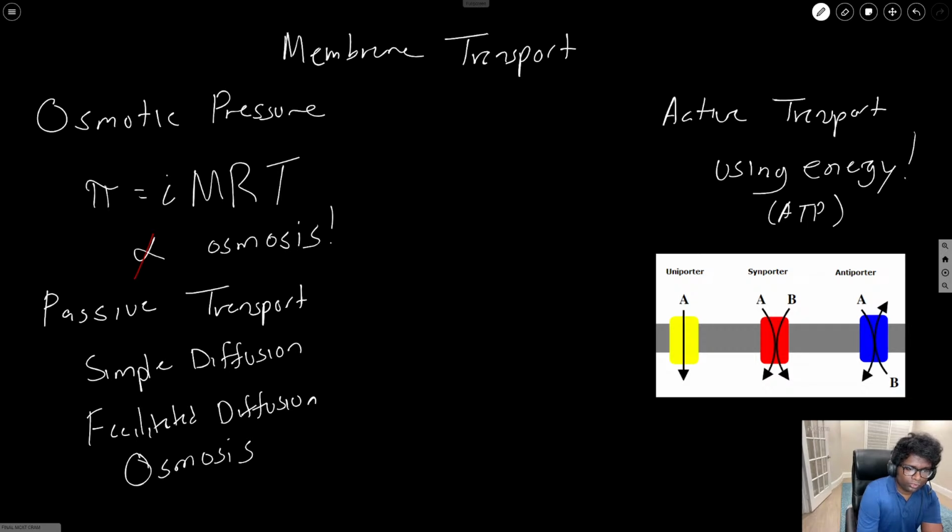Symporters move two molecules in the same direction, into the cell or out of the cell. One will be going with its concentration gradient, and the other against, working together. Antiporters are the opposite: the two molecules move in opposite directions, one with its gradient and one against.